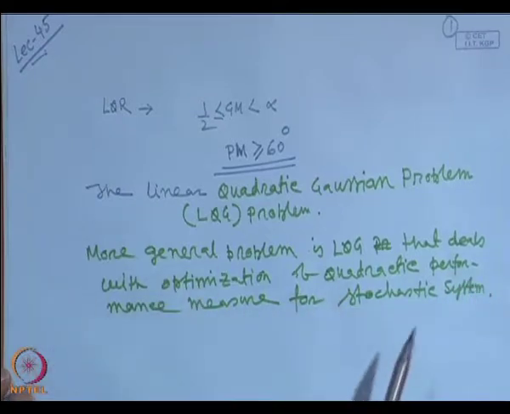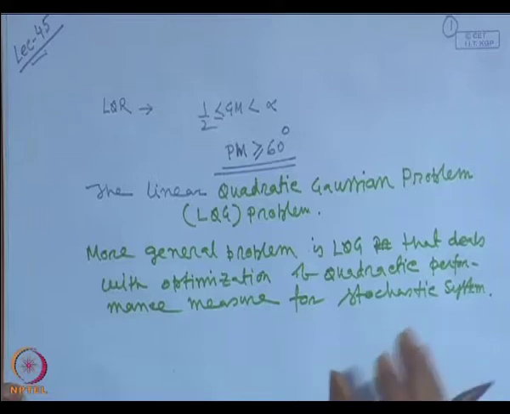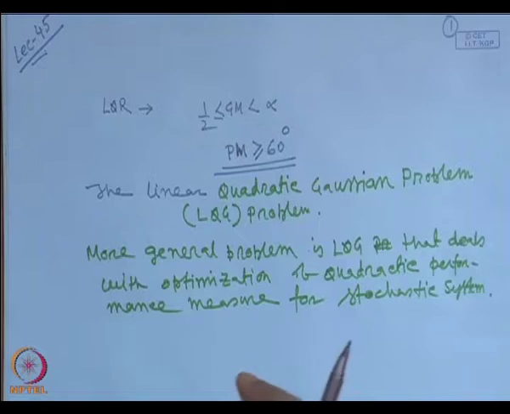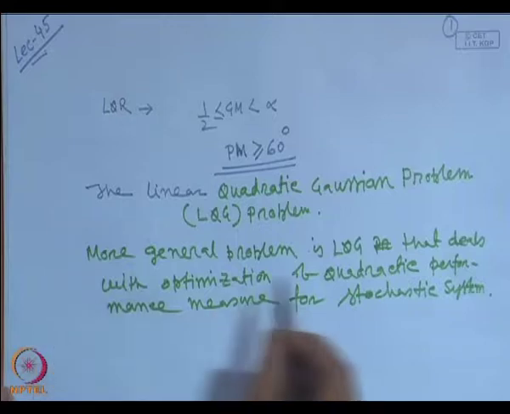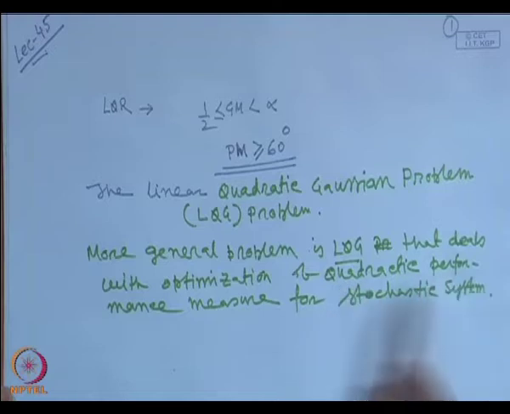In LQR, we dealt with the optimization of quadratic performance for deterministic systems. The system is deterministic, that means the state is not corrupted with noise, and the measurement equation is also not corrupted with noise. But the more general LQG problem deals with quadratic minimization under a stochastic environment.